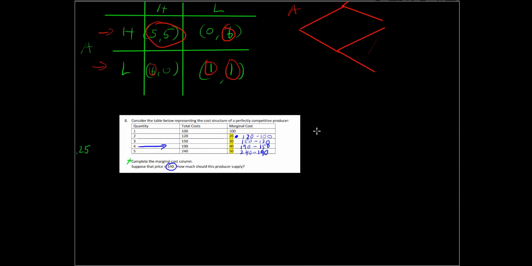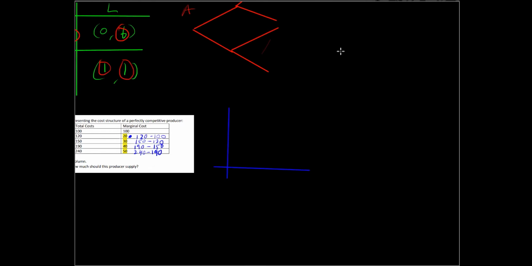You need to know a few things conceptually to figure this out. One thing is that, remember, for a perfectly competitive producer, they face a perfectly elastic demand curve.